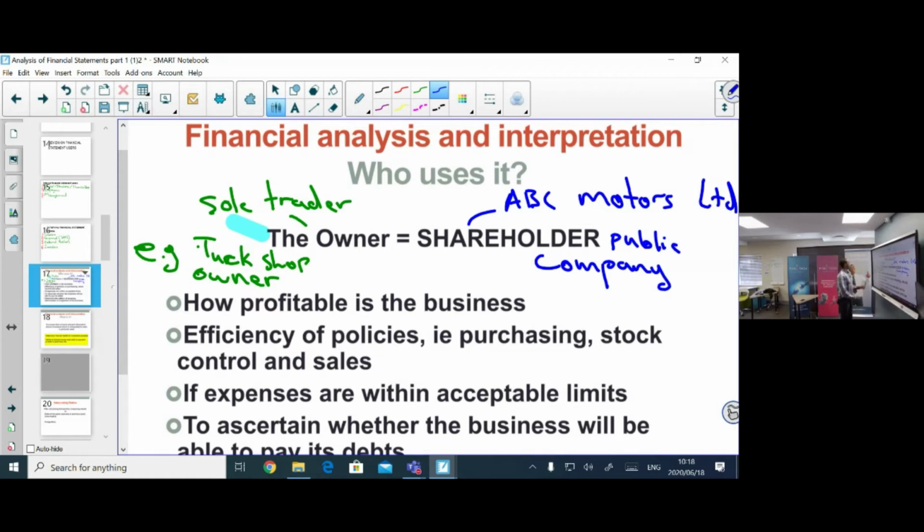So these people, the shareholders, they want to see how profitable their business is because they're the ones who gave the capital to the business. They're the ones who funded. They bought shares. Those shares, as they buy them from the company, are regarded as equity. That's share capital. And they want to see efficiency of policies.